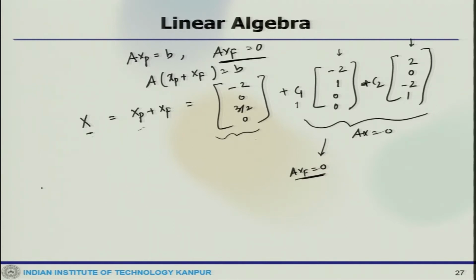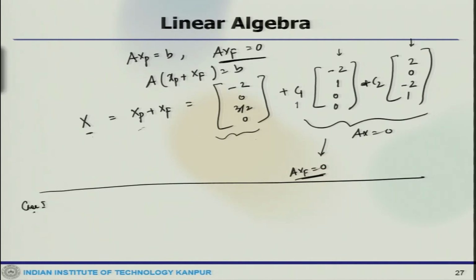Now, there are different conditions which may appear, and one has to deal with those conditions in a different way. For example, let us take certain cases. Let us say case 1, where obviously the matrix is of order m by n, as we have said, and its rank is n. So, this is the rank, or whatever you call the pivotal rank.